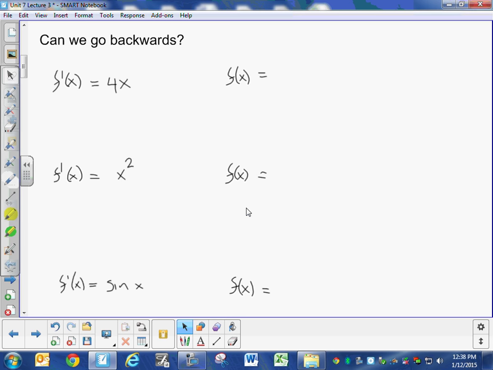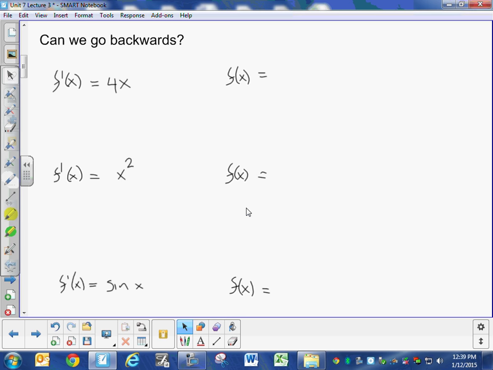You guys figure these 3 out, compare with neighbors. What function, when I take the derivative of it, is 4x?